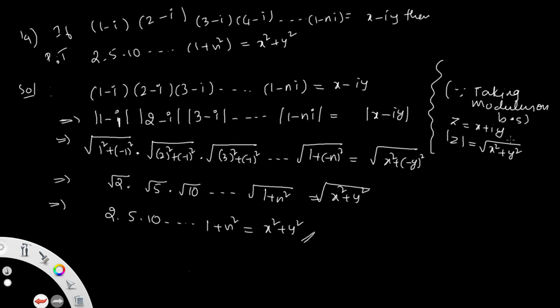If z equals x plus iy, mod z equals root over x square plus y square, that is real part square plus imaginary part square. That's why I have taken 1 square plus minus 1 whole square, root of 2 square plus minus 1 whole square, and so on, giving root 2, root 5, root 10, and so on, root of 1 plus n square, equals root of x square plus y square. Then squaring on both sides, you get this. So please all of you make a note.